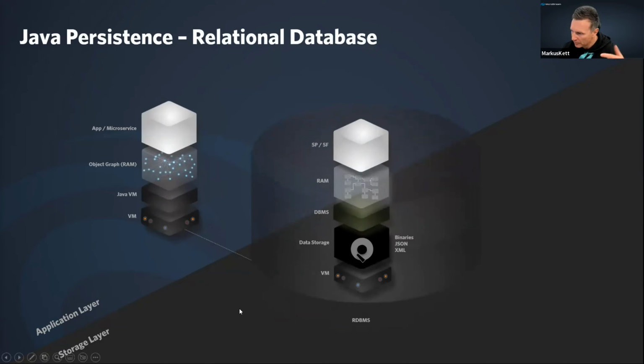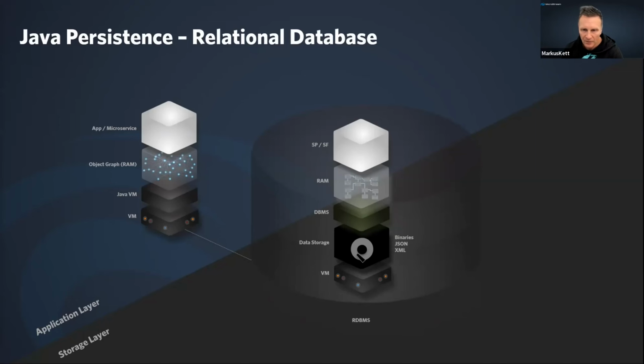Please keep in mind, a database system also runs on a machine instance on its own server, and has a database management system, loads data in memory, caches data in memory, has its business logic. Most Java developers don't use it: stored procedures, stored functions. And we have a data storage where the database system stores data on disk.